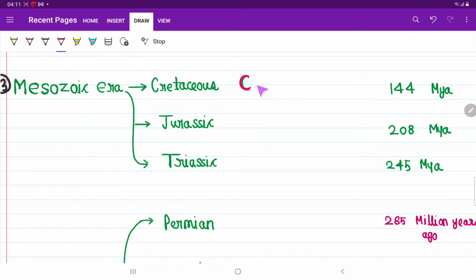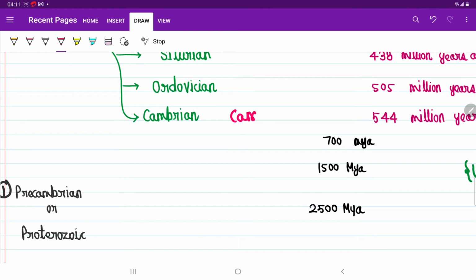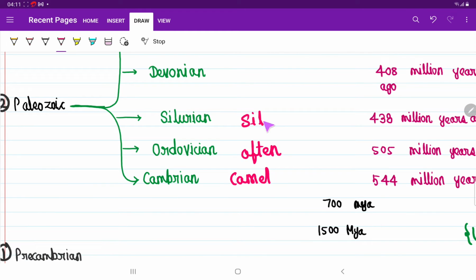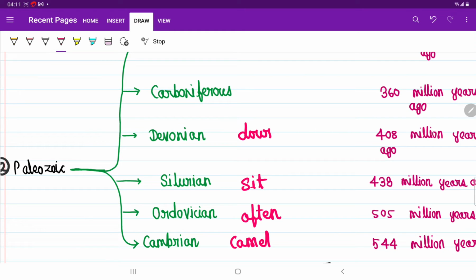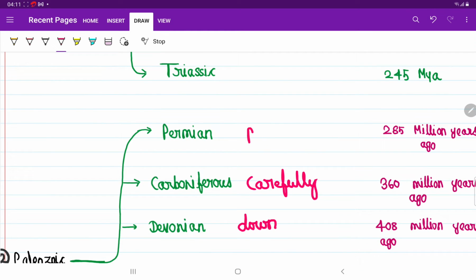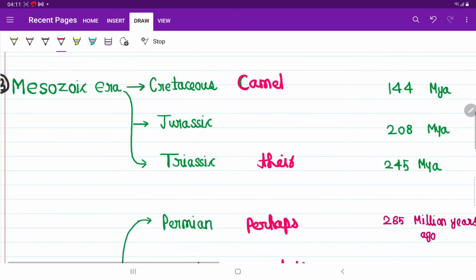Camel, yeah, it's very common. Camel often sit down carefully, perhaps their joint crack.